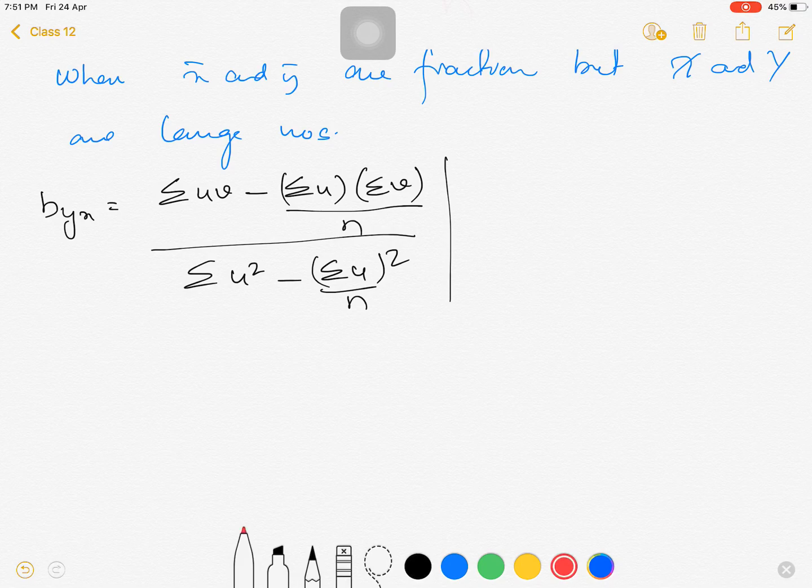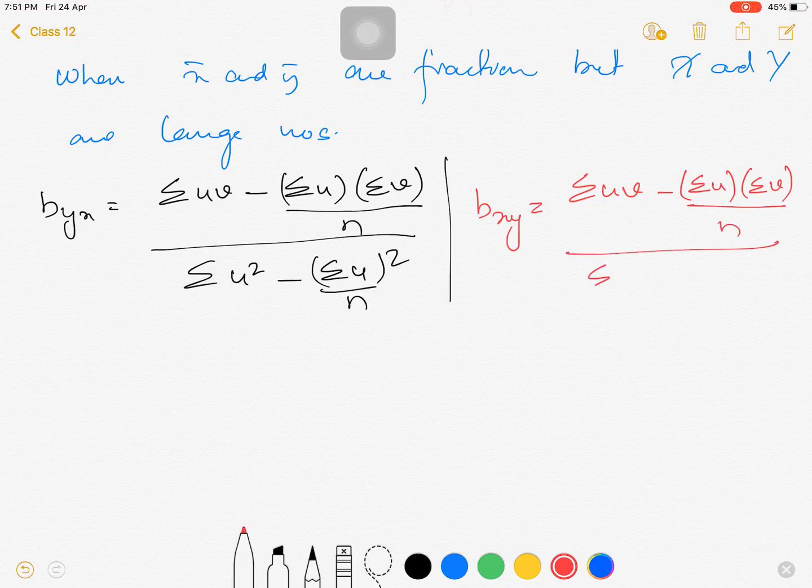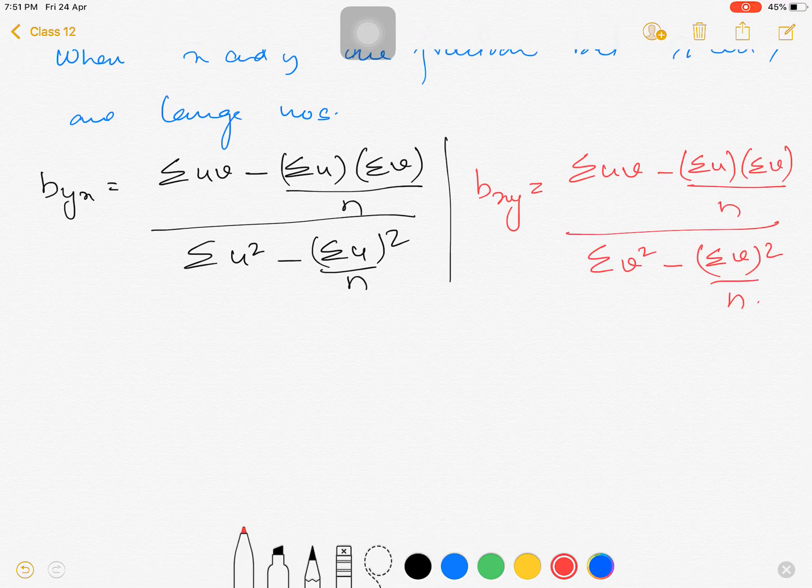And the other one is bxy equals same numerator, sigma uv minus sigma u sigma v all divided by n, and sigma v square minus sigma v whole square divided by n. Okay, I'll talk about this sigma uv later when I do sums.